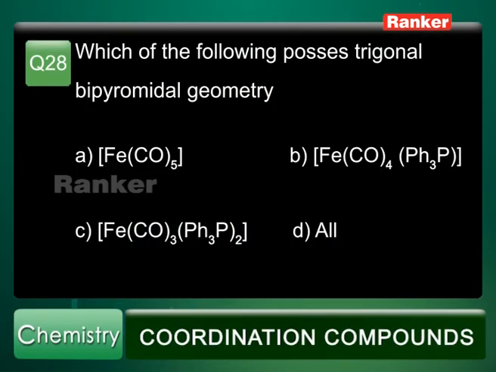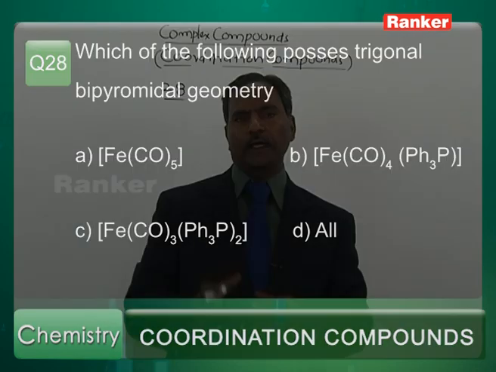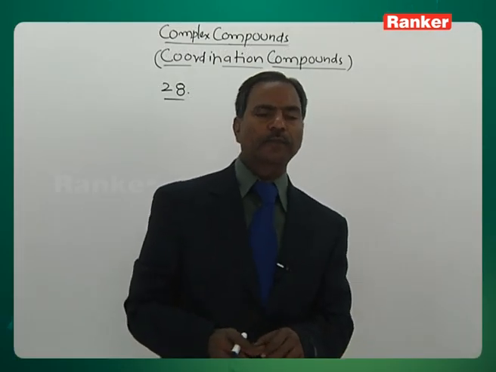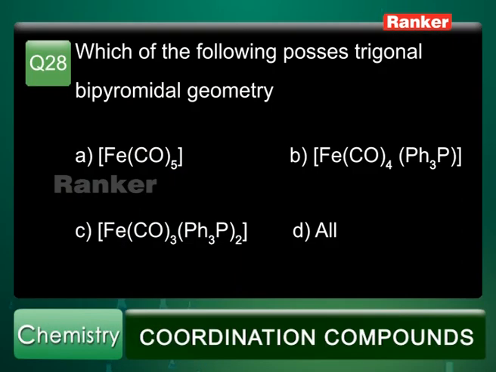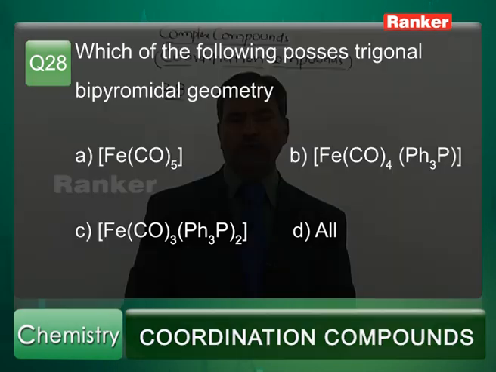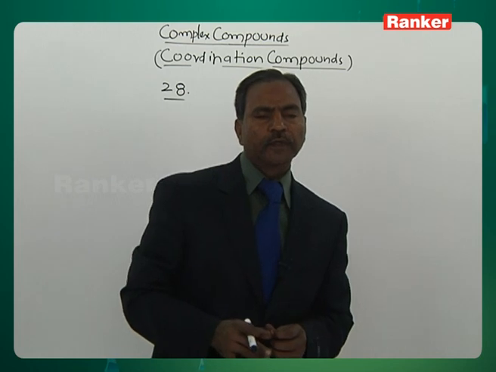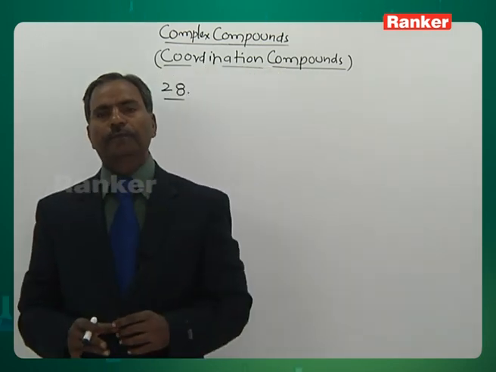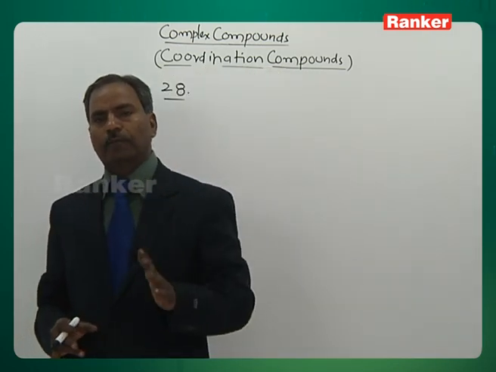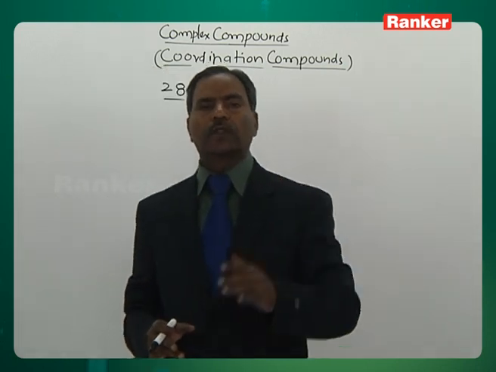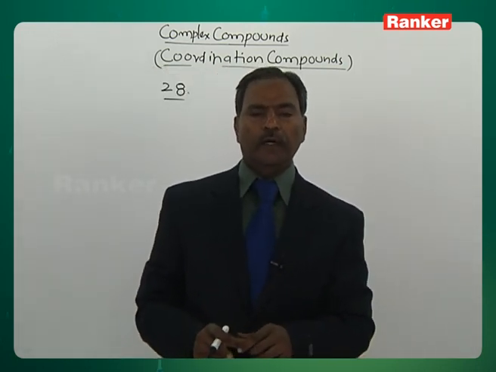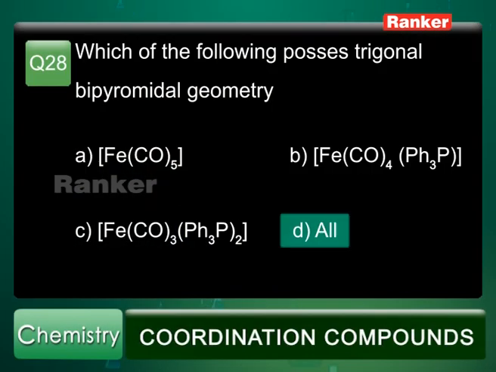Fe(CO) taken 4 times with triphenyl phosphine, coordination number 5 again, also trigonal bipyramidal. Option C, Fe(CO) taken thrice with triphenyl phosphine taken twice. In all of A, B and C the coordination number is 5, therefore the geometry is trigonal bipyramidal. So here the answer is D.